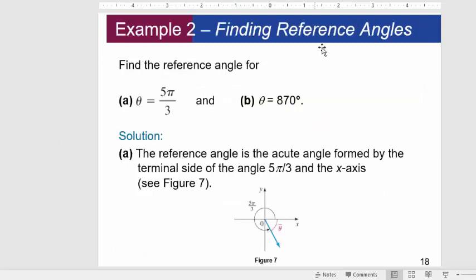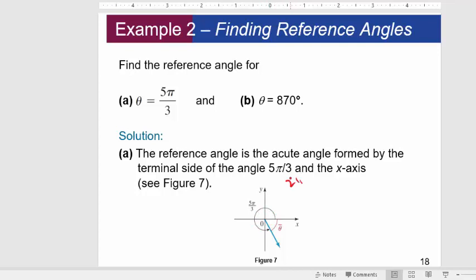So what's the reference angle for 5 pi over 3? Well, 5 pi over 3 we could see is in the fourth quadrant from this picture. So what we just did is we recalled that the reference angle for a fourth quadrant angle, we would do the whole circle, which is 360 or 2 pi, and we would subtract out theta, right?